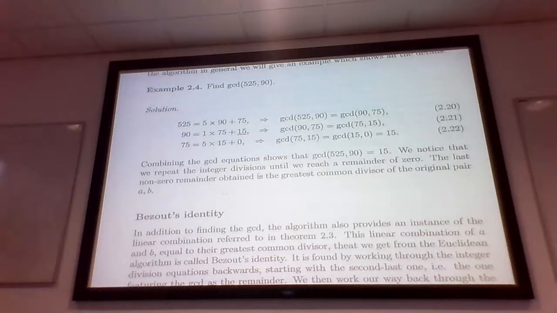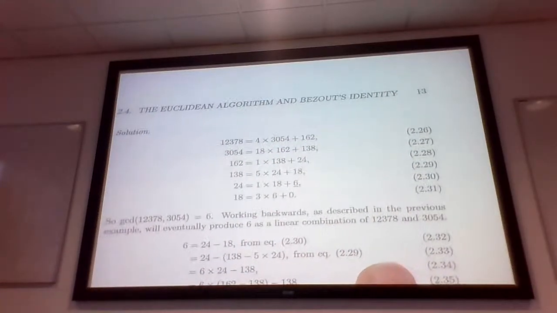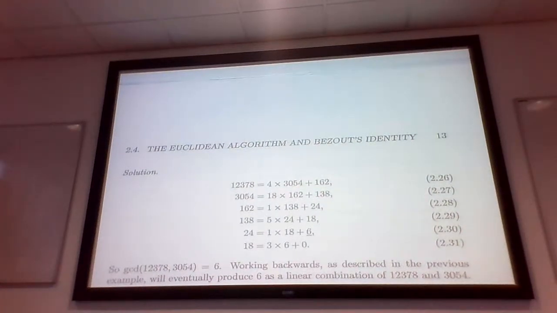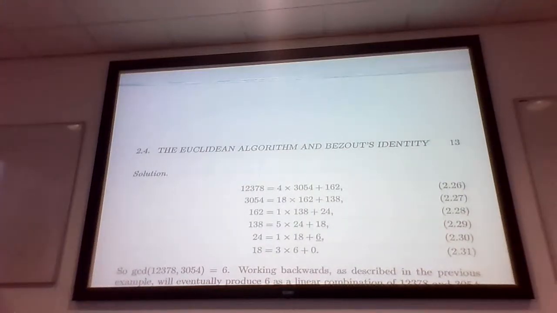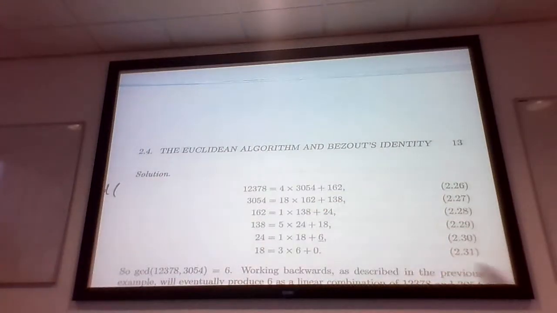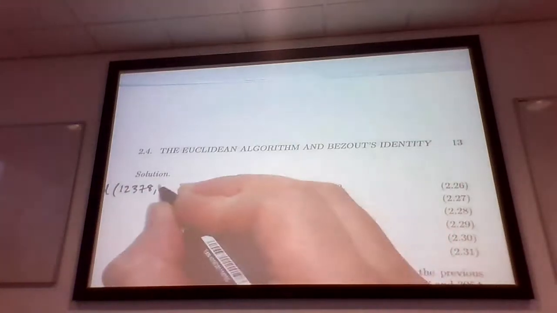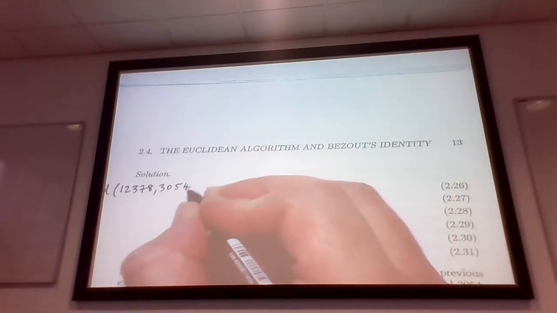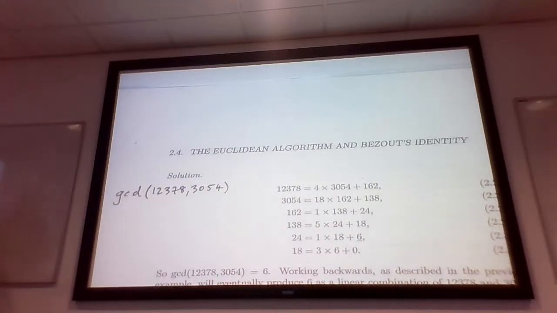Let's jump to another example, which is just illustrated over the page. We'll be saying more about it shortly, but here the problem is to find the GCD of 123,78 and 3054. Okay. What's the greatest common divisor of 12378 and 3054?